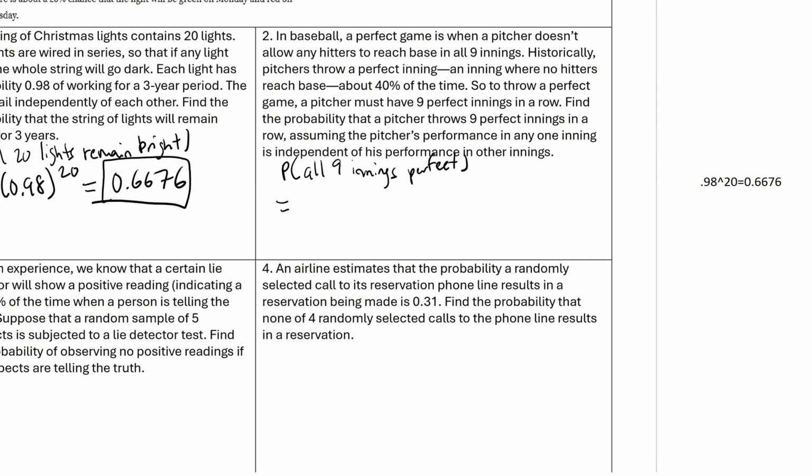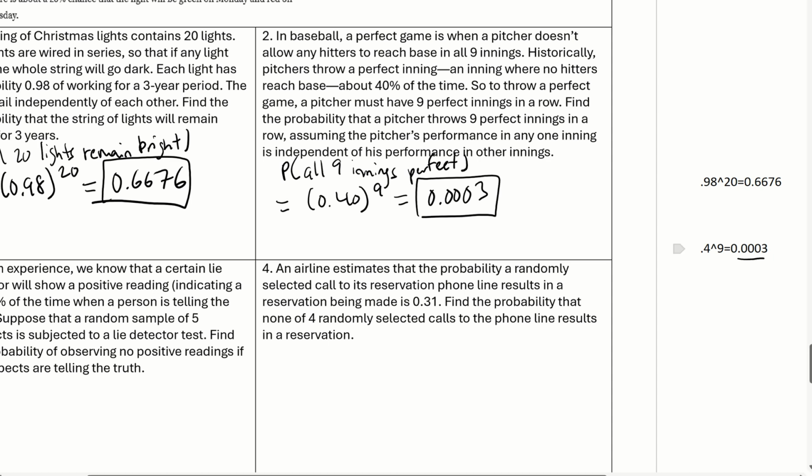It says 40% of the time, so 0.40 raised to the 9th power. Okay, so we got 0.0003, a really low chance for that to happen. If you include more decimals, it's 0.000262, but you can just round it; it's fine.